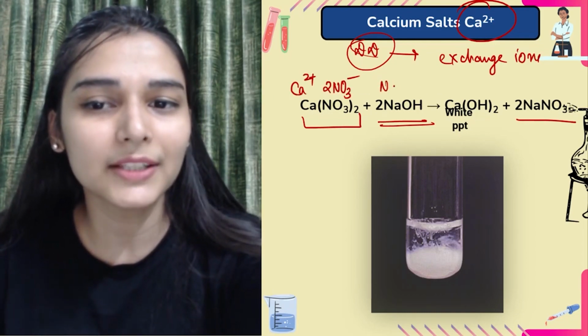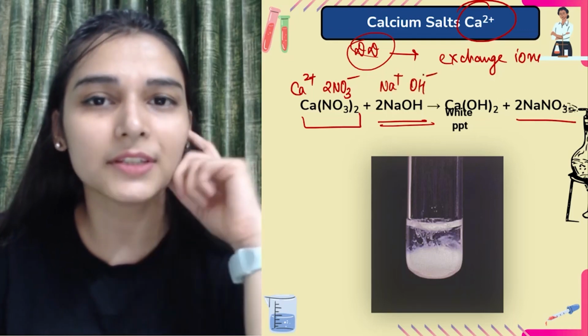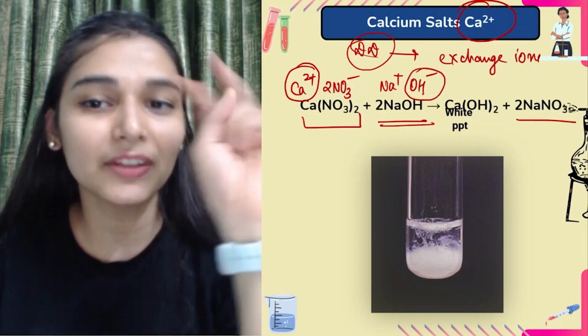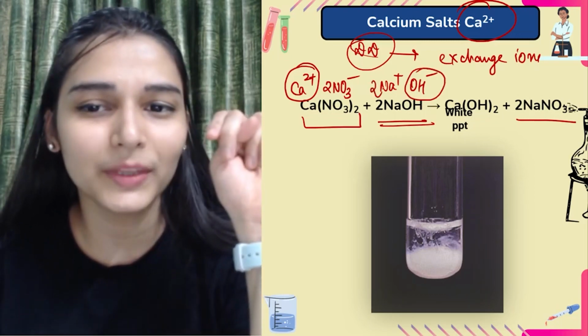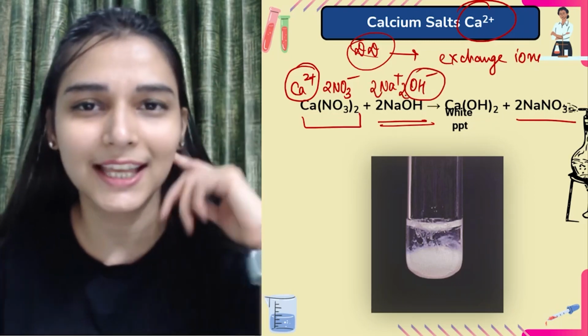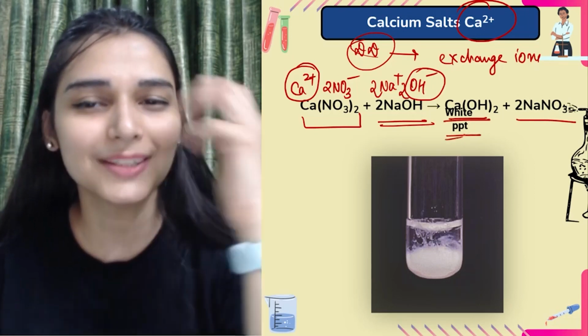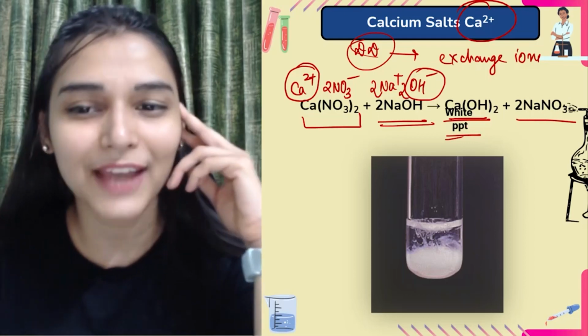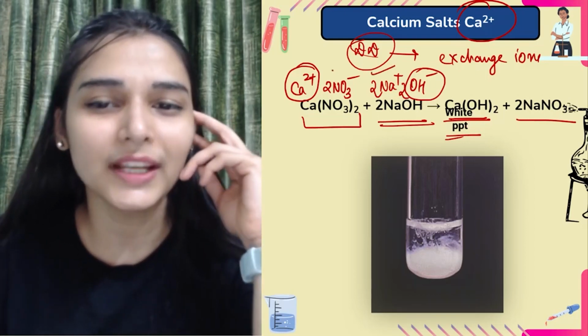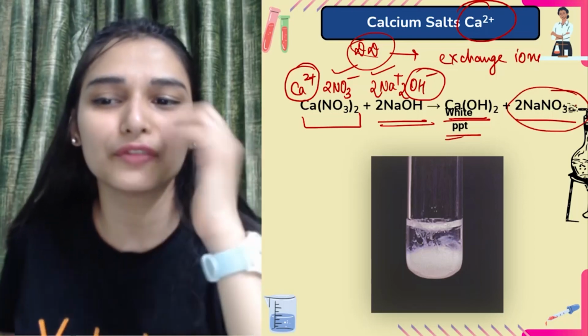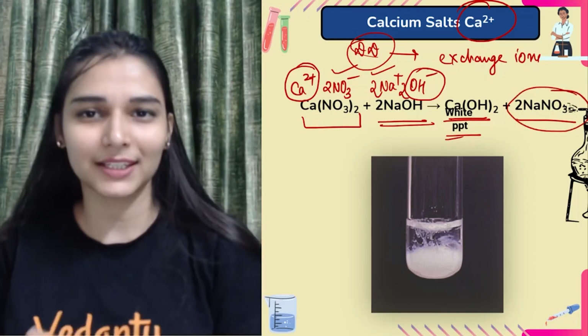Here I am having sodium ion and OH ions. So what will happen? One calcium ion will be combining with 2 OH ions. So I would be requiring 2 moles. Okay, 1 calcium and 2 OH precipitated out as calcium hydroxide, and these 2 sodium ions combined with 2 nitrate ions and lead to the formation of a salt that would be sodium nitrate.